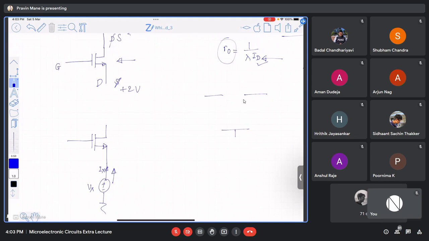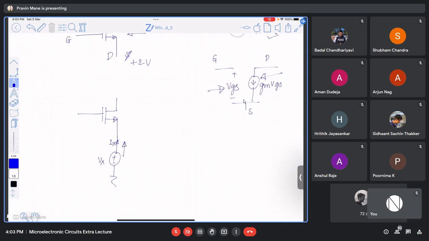For example, this is the source terminal, this is the gate, this is the drain, and we write this as gm into VGS. The current through this depends on the voltage here. So this kind of source I cannot open circuit or short circuit unless I know whether VGS is 0 or not. So independent voltage sources and current sources are made 0. Voltage source is short circuited, current source is open circuited.